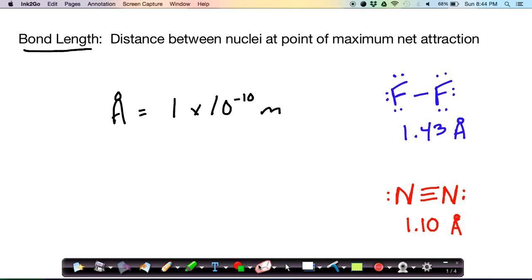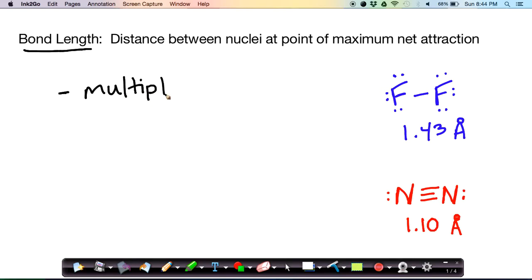A couple of other points about bond lengths that we should be familiar with before we go much farther with our discussion. First of all, multiple bonds tend to be shorter than single bonds, and we see that with the bond lengths that we have for diatomic nitrogen and fluorine over on the right side of the screen.